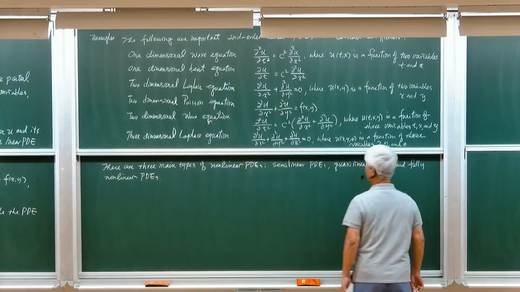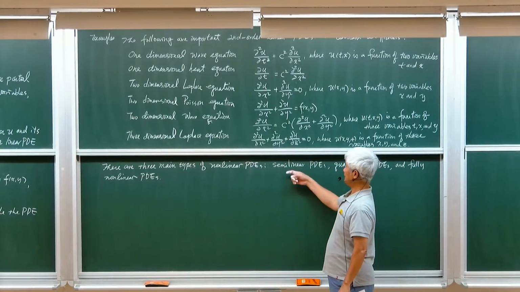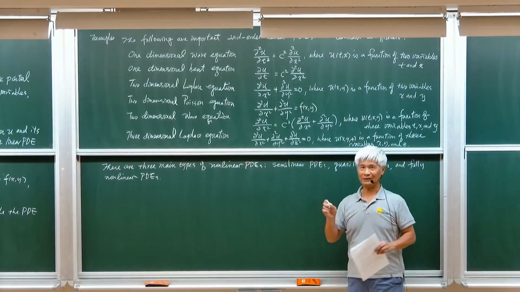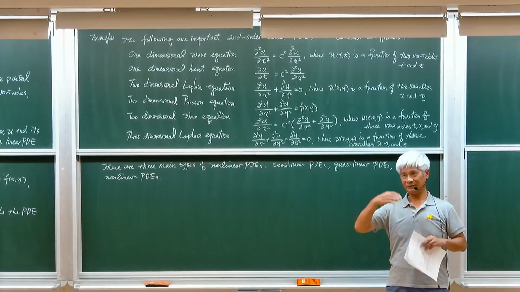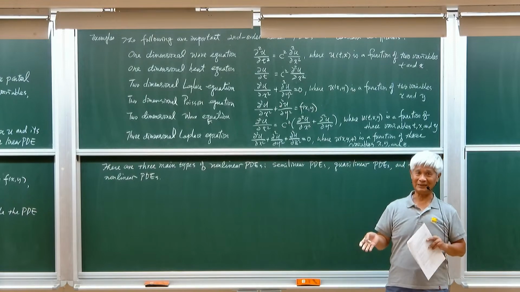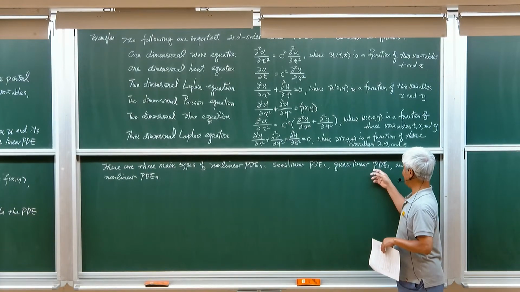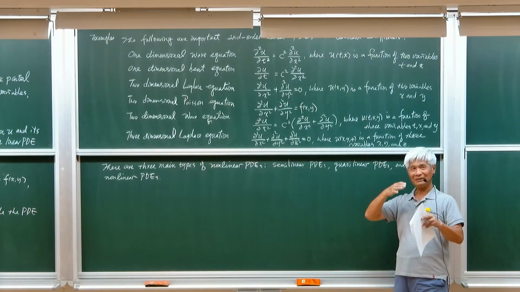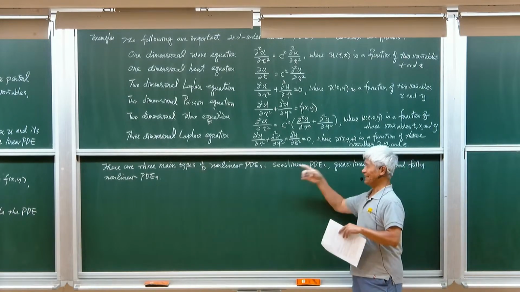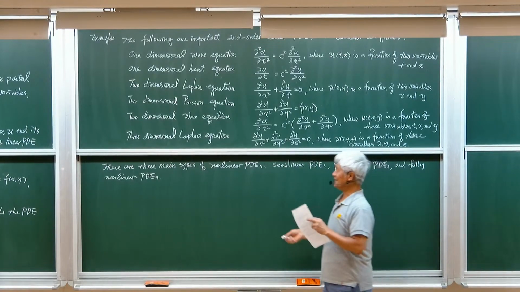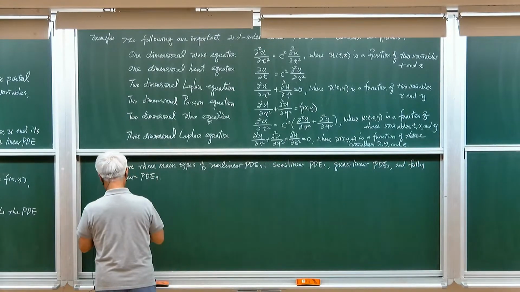Right. So as you can see from the meaning, semi-linear PDEs are very close to linear PDEs, and quasi-linear PDEs are a little bit further away from linearity. So let's give a proper definition.